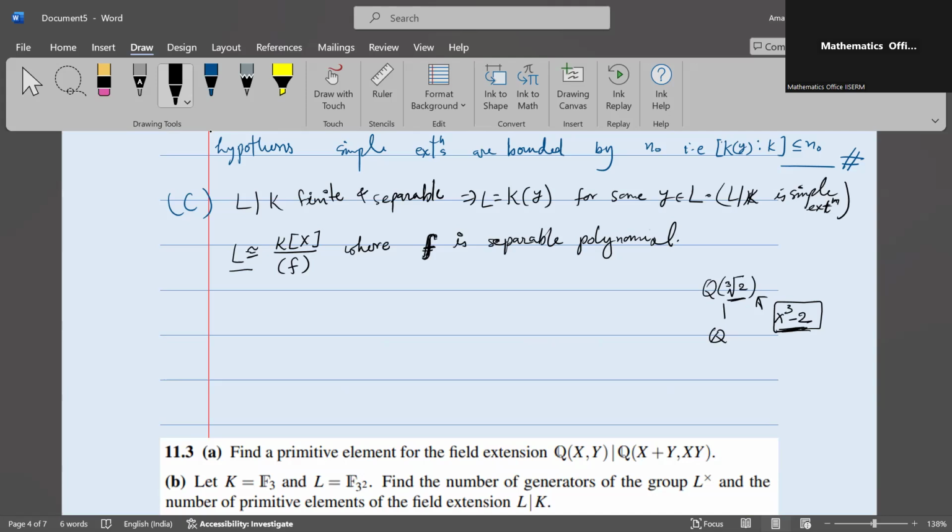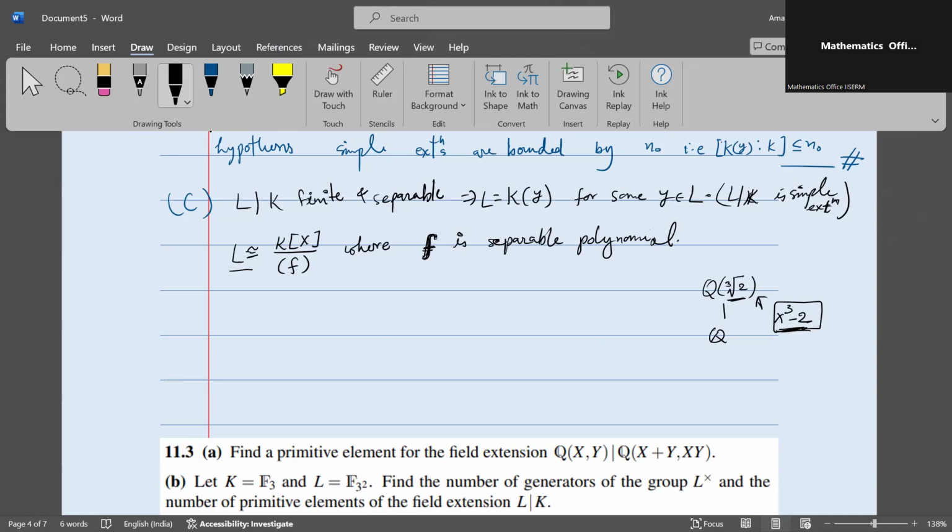So the number of subgroups is bounded. Okay, so no need to worry till now.